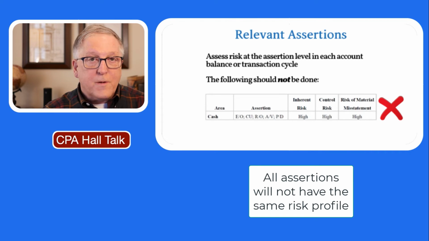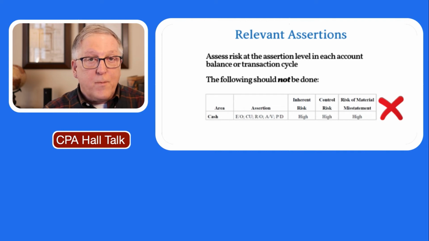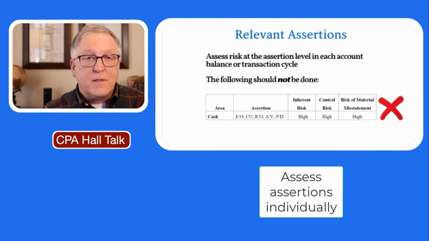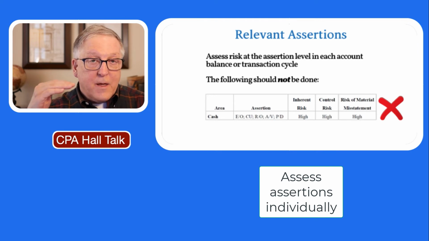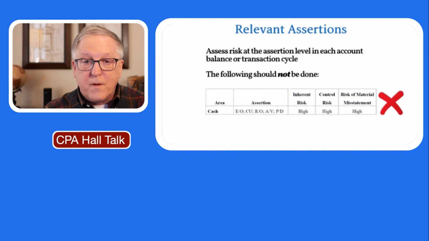Well, all of those assertions are not going to have the same risk profile, so it's inappropriate to do several assertions at one time or in the aggregate. We should be assessing risk at the individual relevant assertion level.